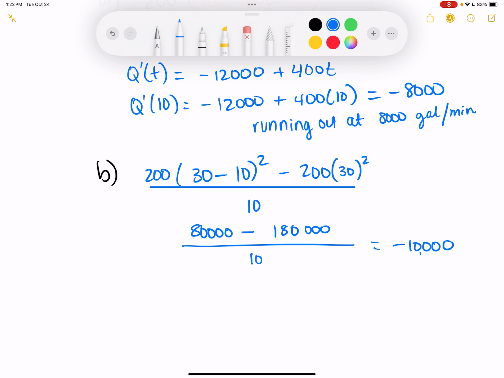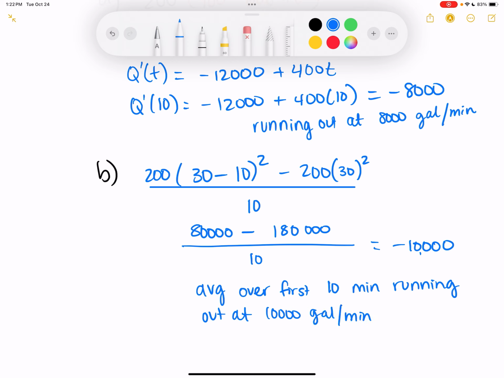And so that means that on average, over the first 10 minutes, it is running out at 10,000 gallons per minute. So at 10 minutes, which was part A, it's running out at 8,000 gallons per minute.